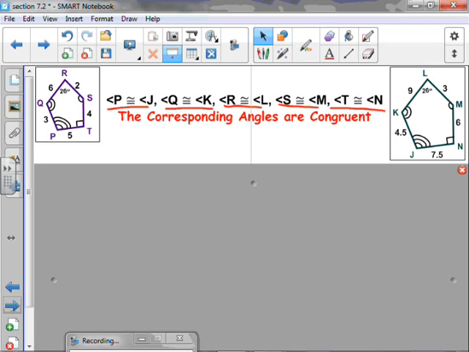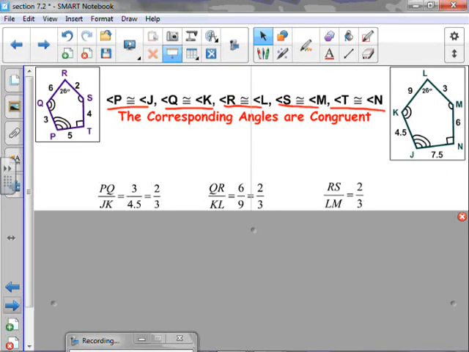Let's move this down. Okay, so I get that PQ divided by JK, that's this side here, divided by this side here, is 3 divided by 4.5, which simplifies to 2/3. Okay, fine. Now what I'm going to do is I'm going to try another pair of sides.